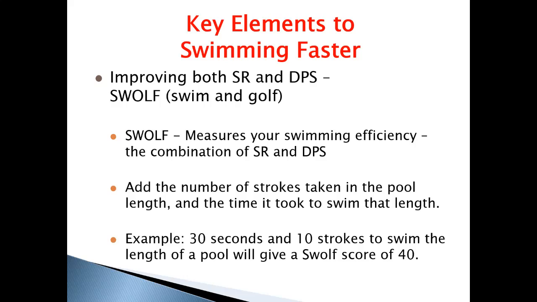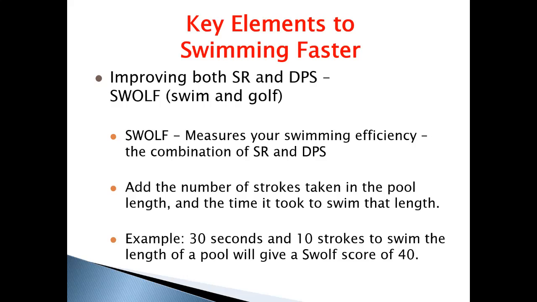Okay. Now, one way to bring all this together in a nice little measurement tool is to use what's called Swolf. It's just a name combination of swimming and golf. The idea is to measure your swim efficiency.